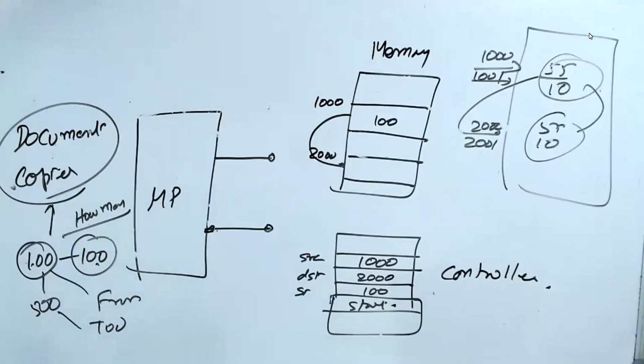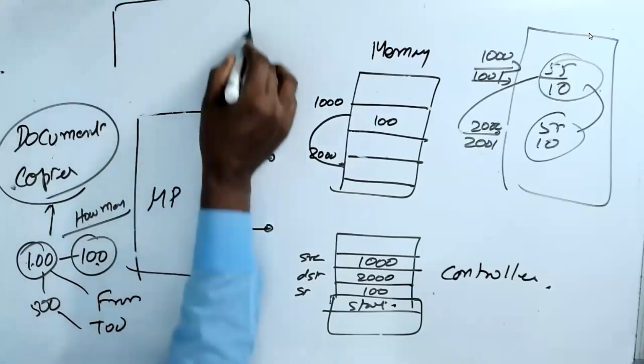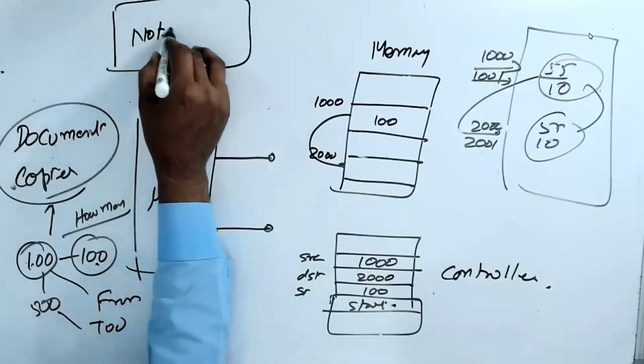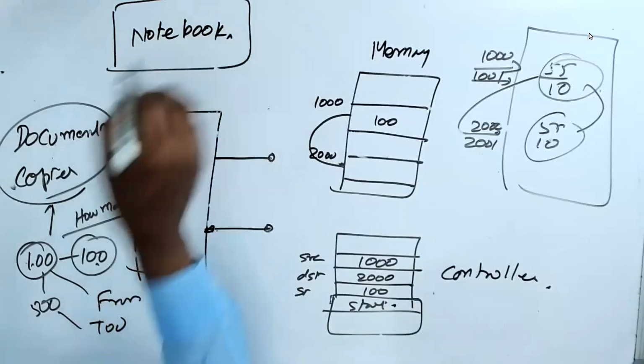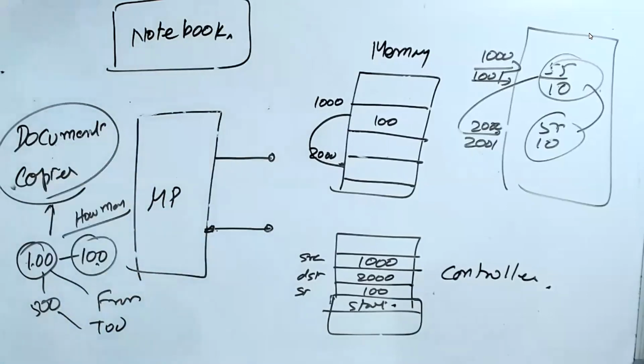Now, there's a problem. I have a notebook. I told the document copier, hey, you copy from 100 to 500, 100 pages. What will the document copier do next? Tell me now.